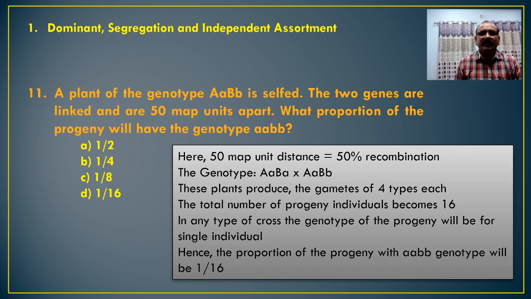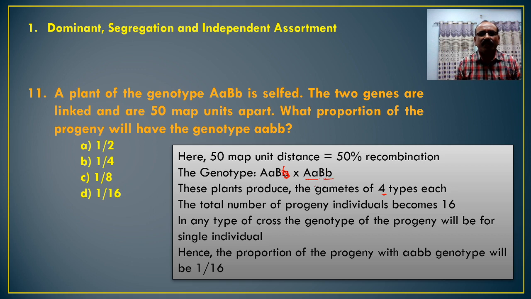The genotype capital A small a, capital B small b is selfed. Now these plants produce gametes of 4 different types, as we have discussed earlier, because here there are 2 types and here again 2 types, 2 into 2 equal to 4.